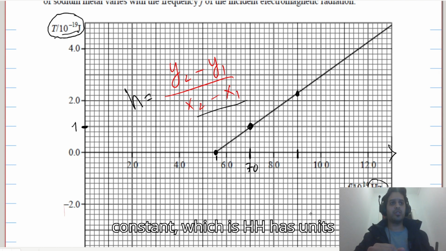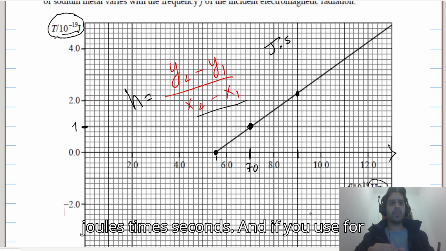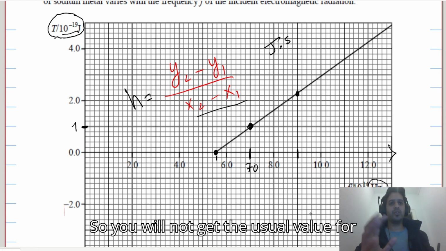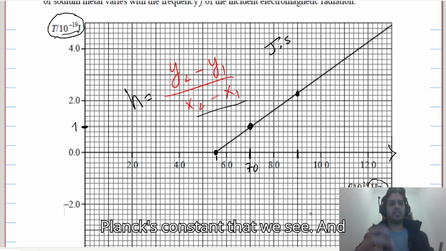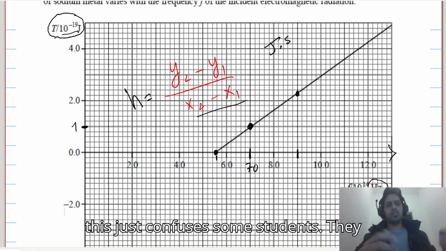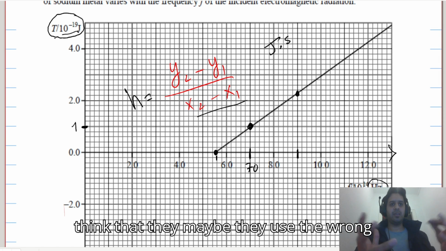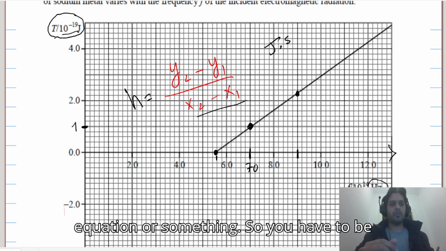H has units of joules times seconds. And if you use, for example, electron volts, then you will have electron volts times seconds. So you will not get the usual value for Planck's constant that we see. And this just confuses some students. They think that maybe they used the wrong equation or something.